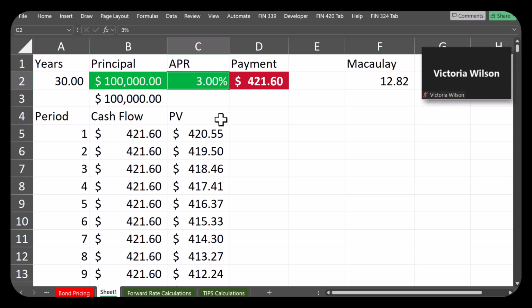I'm going to tell you that that value is going to roughly go down by 12%. I know that from the Macaulay duration number. What do you know? It went down to 88,000 something. So it's a nice little measure of interest rate risk.